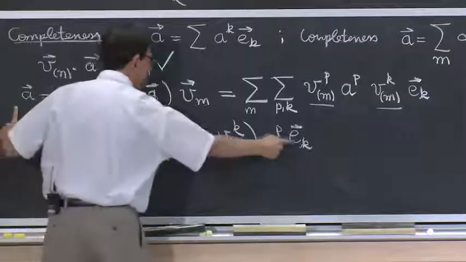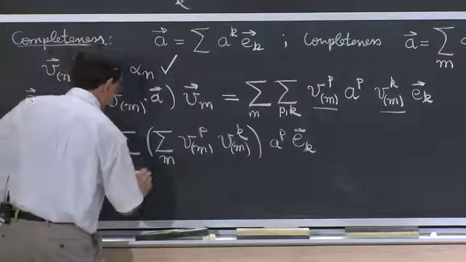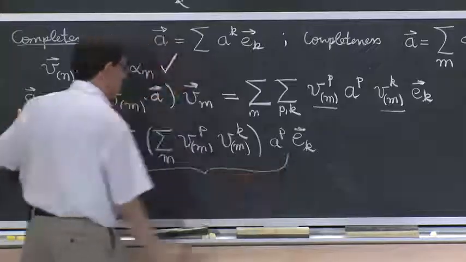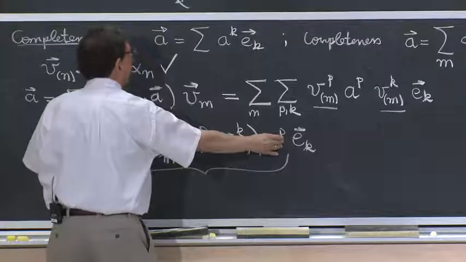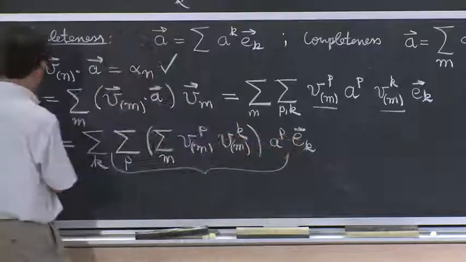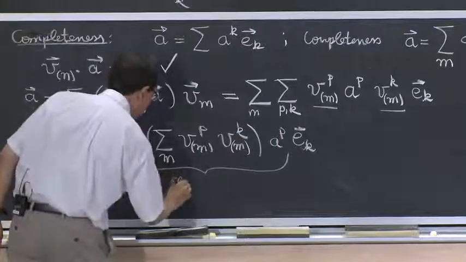And here we have the e_k. So somehow all this thing must be giving you A_k, because if all this thing is A_k, that's what the vector is supposed to be.